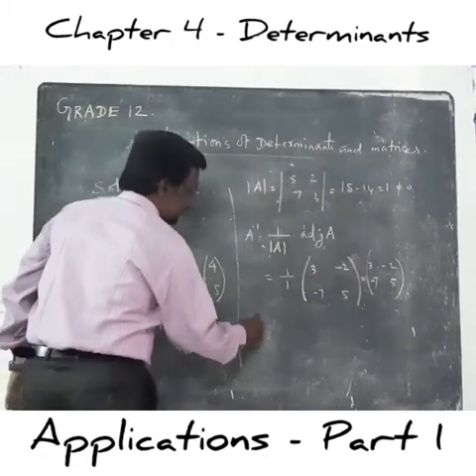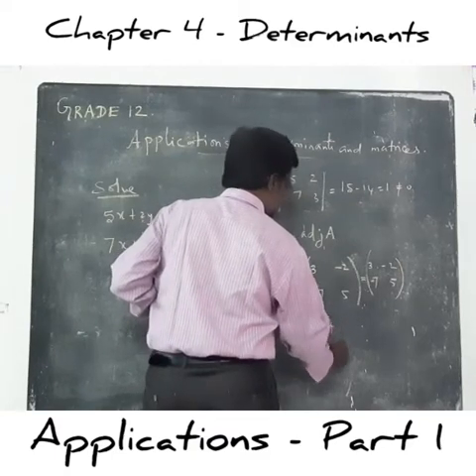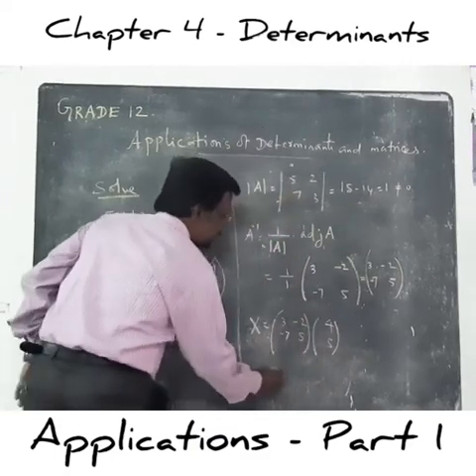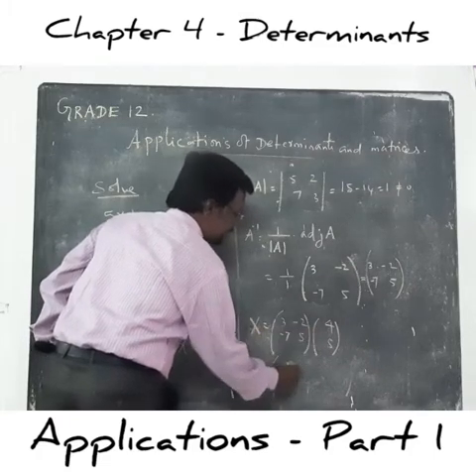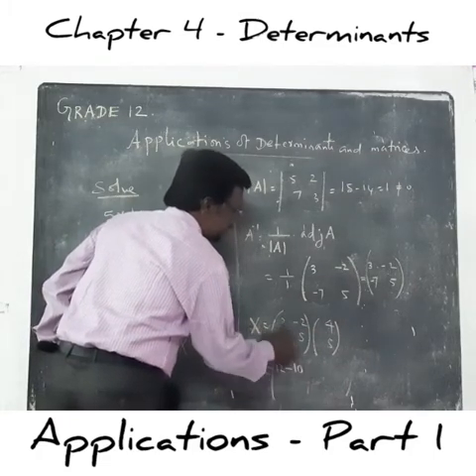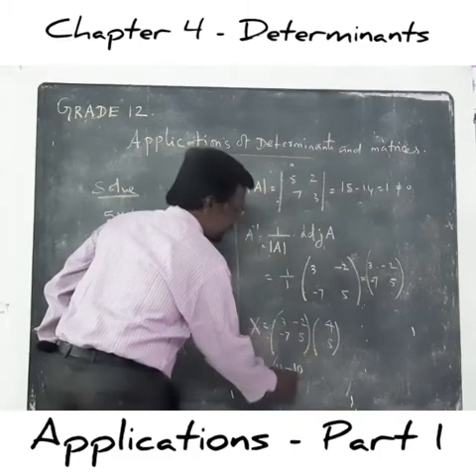So X is equal to A inverse into B. Now you have to multiply. First row, this column: 3 into 4, 12, minus 2 into 5, minus 10.